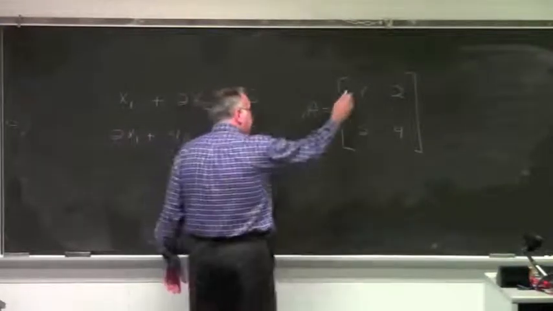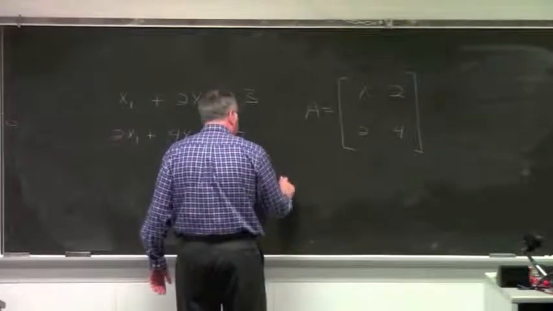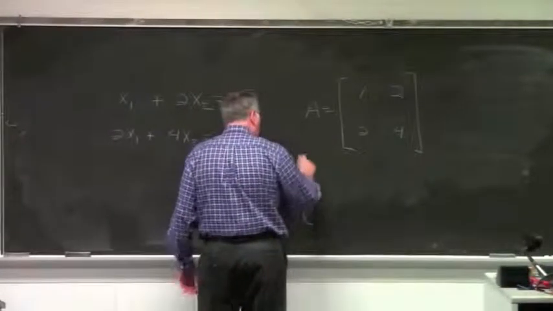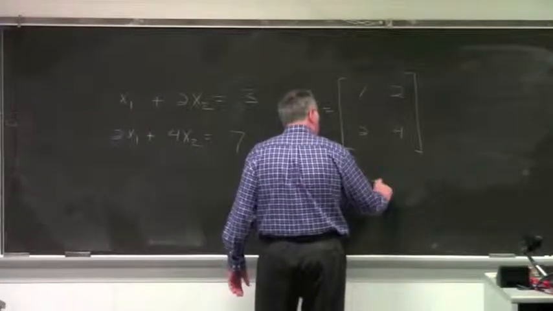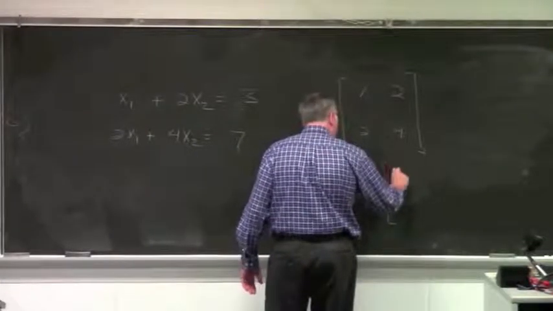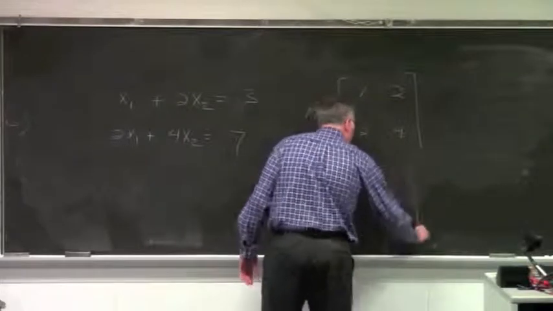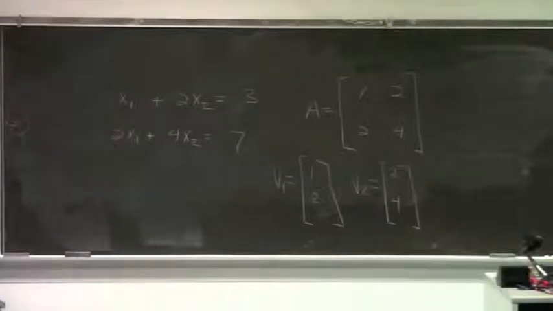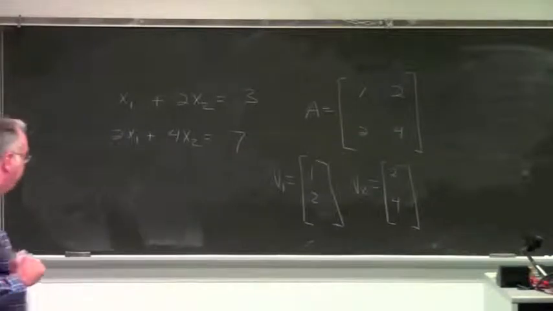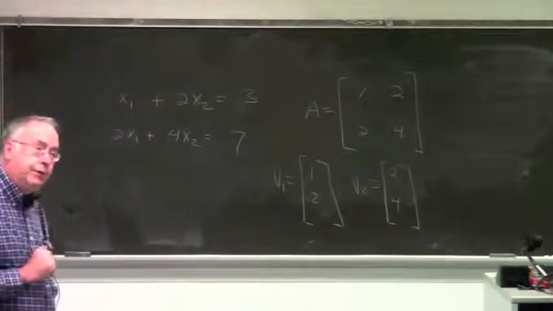Suppose you consider these two column vectors. V1 equals 1, 2. V2 equals 2, 4. What's true about these column vectors? They're linearly dependent because V2 is just 2 times V1.